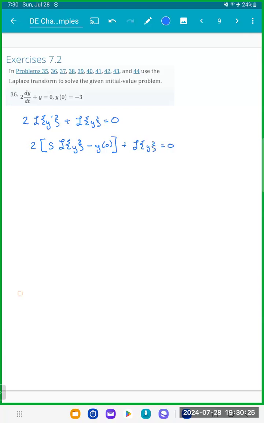We were given that y of 0 is equal to negative 3. So 2 times s Laplace of y minus this negative 3, that's our y naught, plus the Laplace of y equals 0.